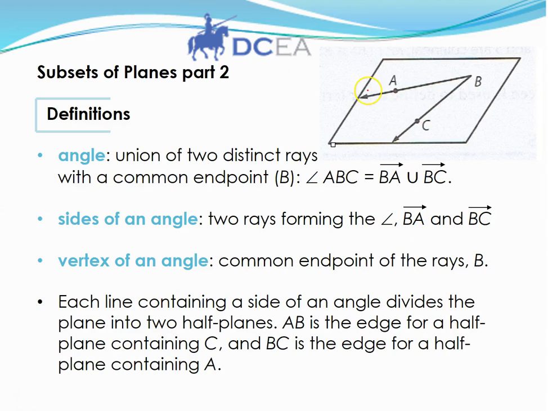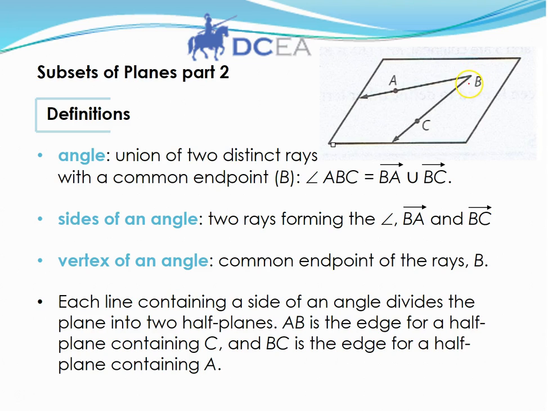The angle has sides, and those are the actual rays that we named. So we have side BA and we have side BC. Point B can also be called the vertex of the angle. It's the common endpoint of the rays.